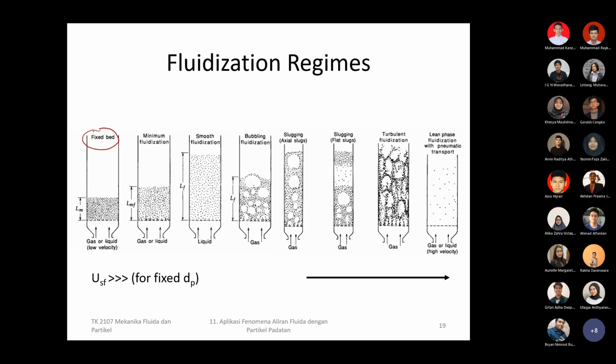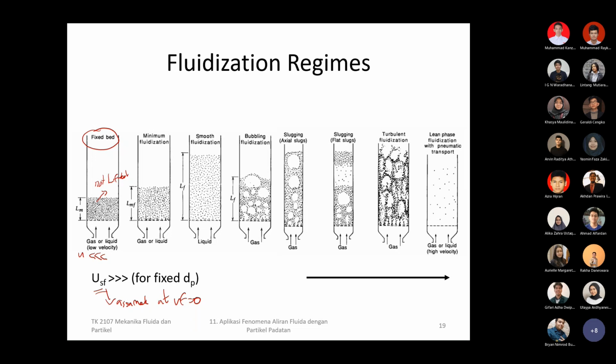So this is the fixed bed. Particle is not lifted. So it must be at the smallest superficial velocity. Remember the concept of superficial velocity. Assume at void fraction equal to 0. I think I explained it in the gas flow presentation.